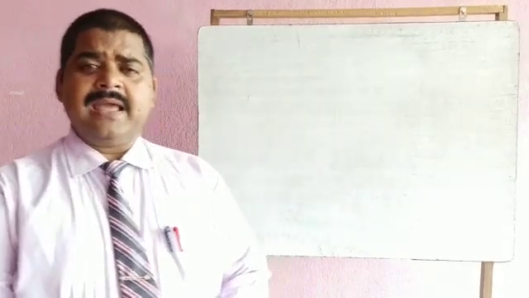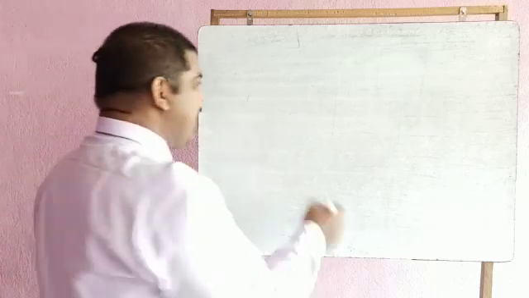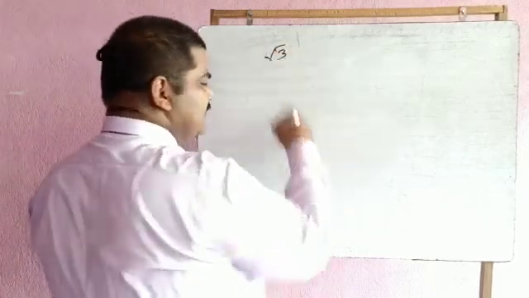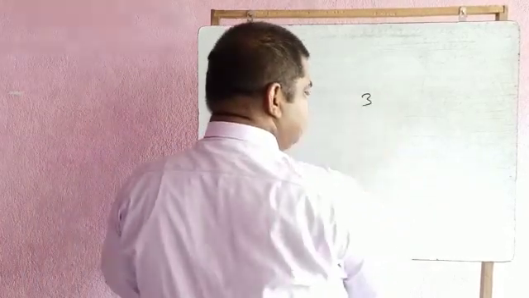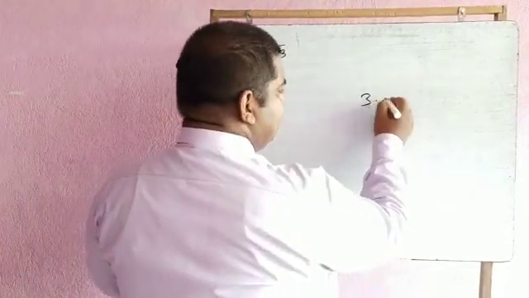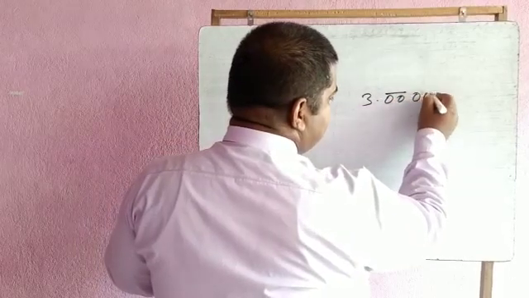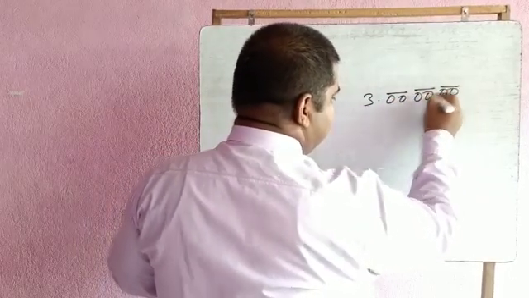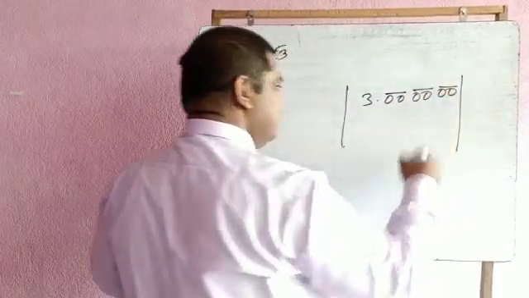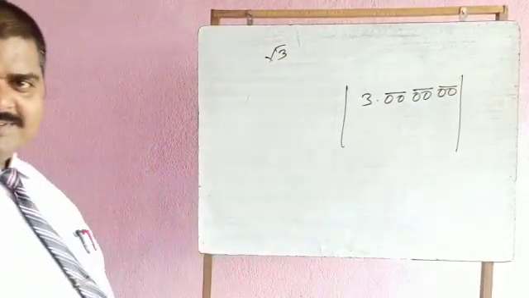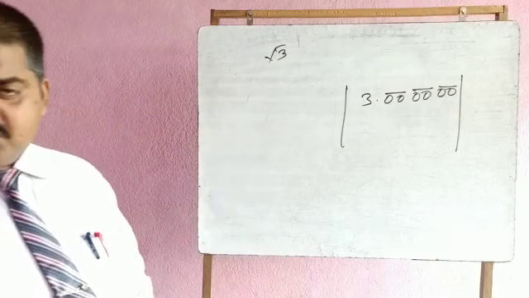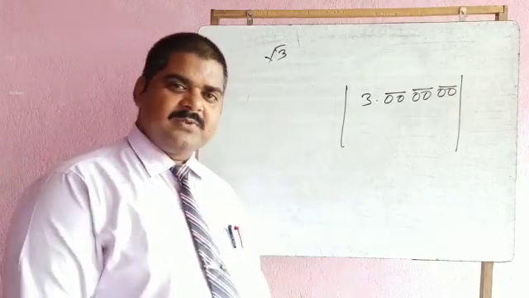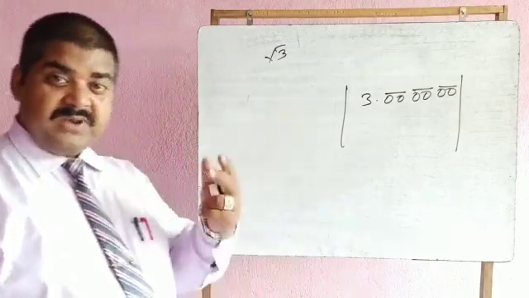Next, a very interesting question has been given. Find out the square root of 3. My dear student, 3 can be written as 3.0000. You have to check how many places of decimal have been asked. Suppose in this question 2 places of decimal are to be found out.